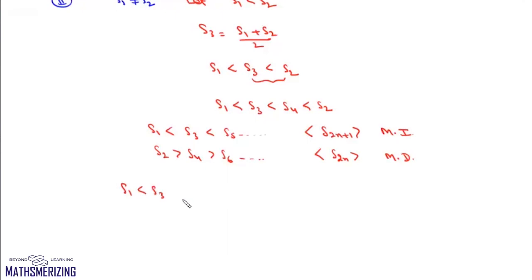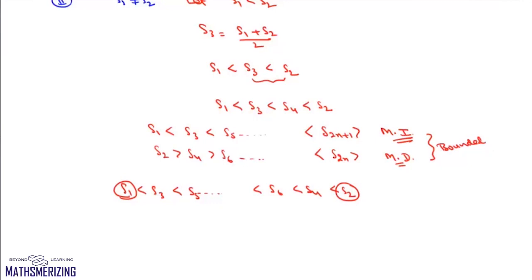S1 is less than S3, is less than S5, and will be less than S6, S4, S2. Both the sequences lie between S1 and S2. So both these subsequences are monotonic, and these two sequences are bounded. Now since these two subsequences are monotonic and bounded, both of them will converge.